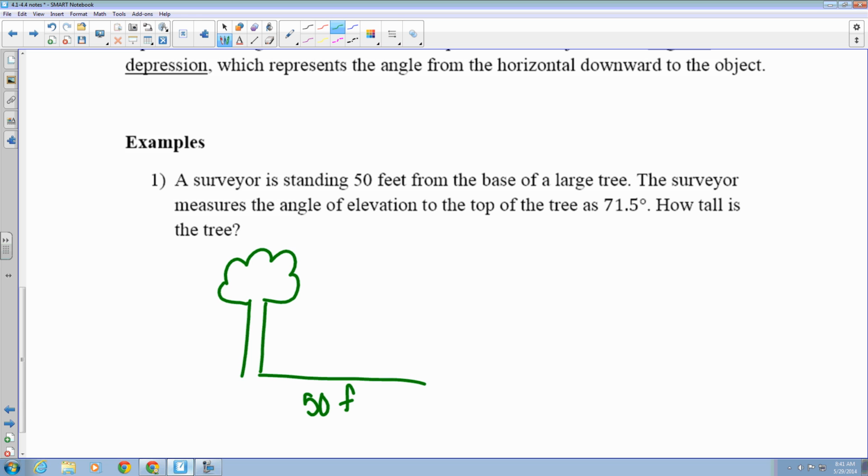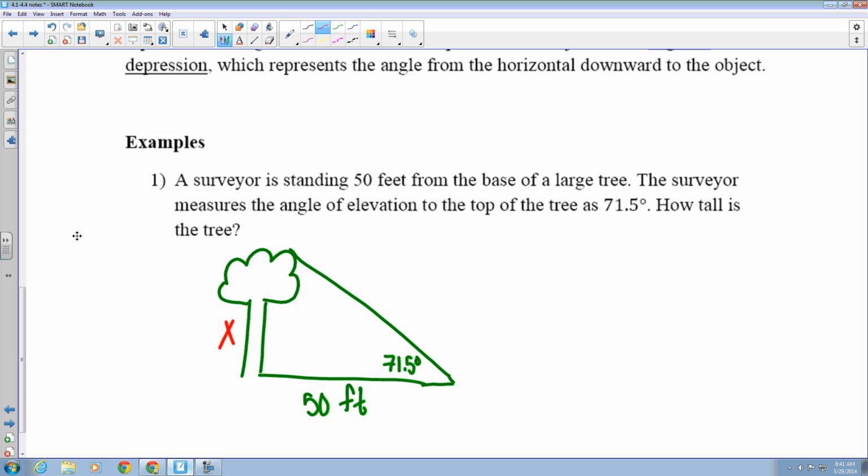50 feet here. He angles the measure of elevation to the top of the tree to be 71.5 degrees. For the record now, none of my pictures are going to be drawn to scale. How tall is the tree? So I want to know what the tree is.